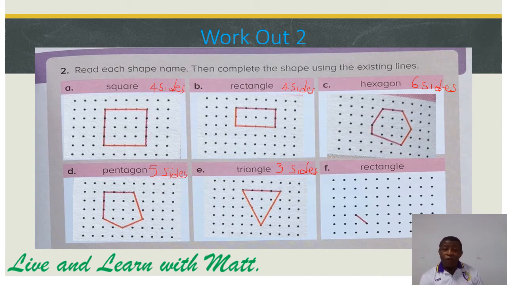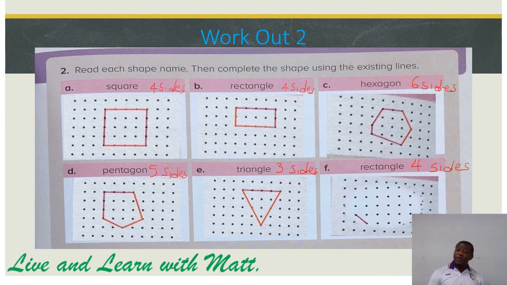A rectangle has 4 sides, with 2 opposite sides equal. So we're going to have something like this. You can pause the video to finish your work before you continue.